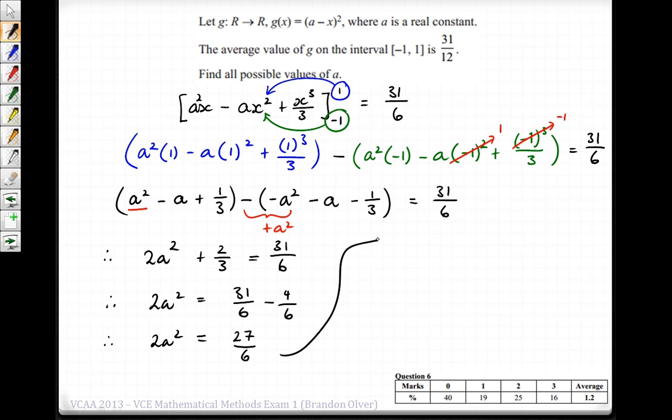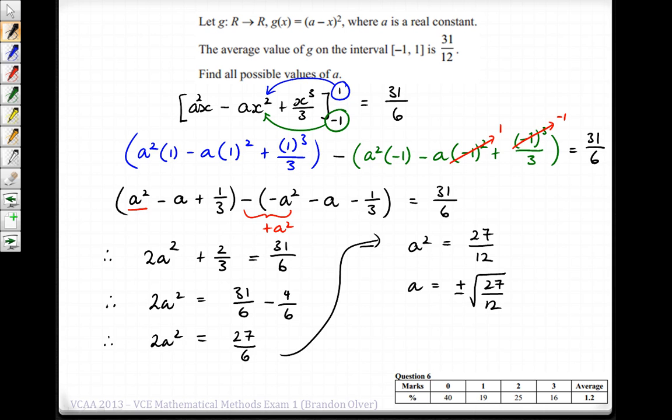Then if I just get myself a bit more room up here, we'd go to a squared equaling 27 on 12, as we divide both sides by 2, and then we get that a is just equal to plus or minus the square root of 27 on 12.